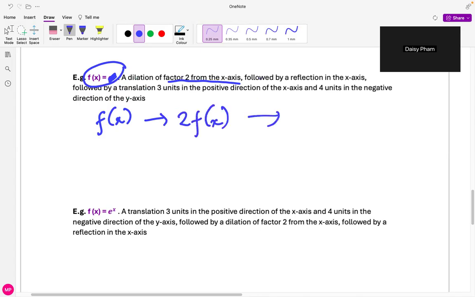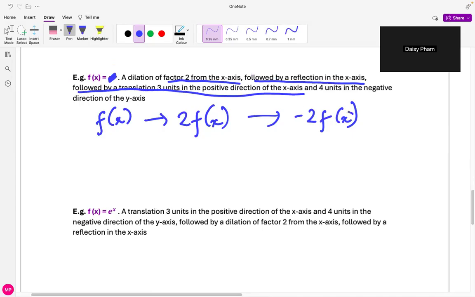So we've done that. Followed by a reflection in the x-axis. This means there will be a negative outside, so negative 2 f of x. And then followed by a translation 3 units in the positive x direction.